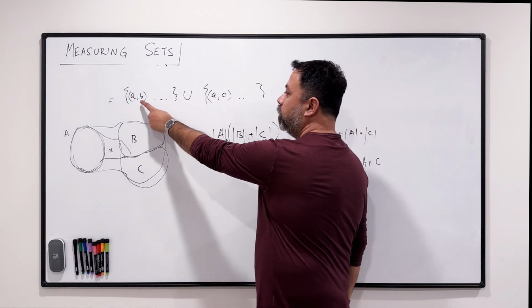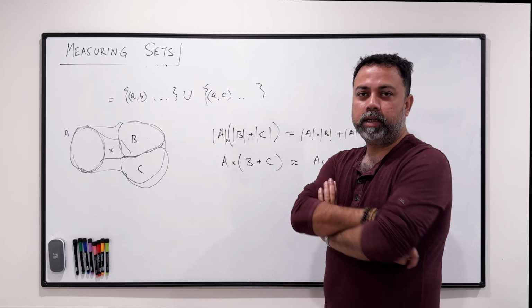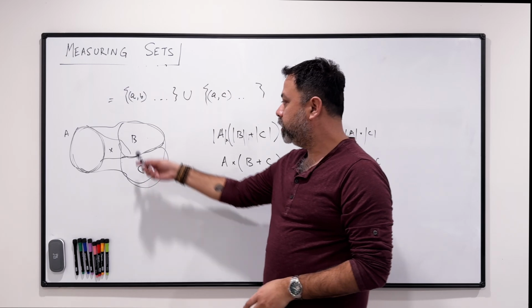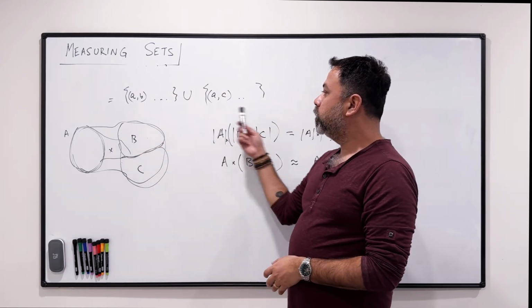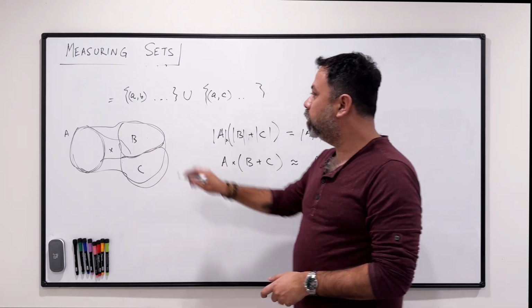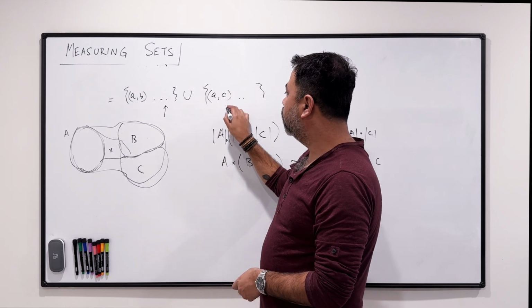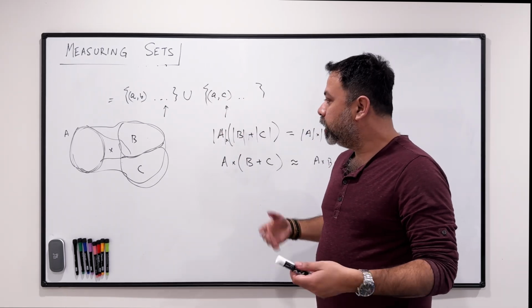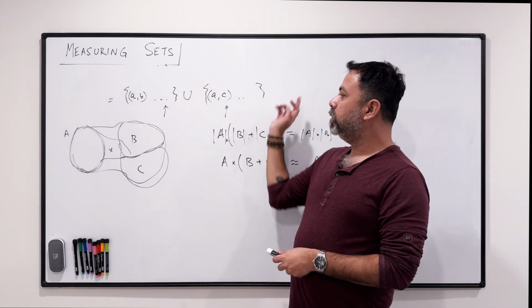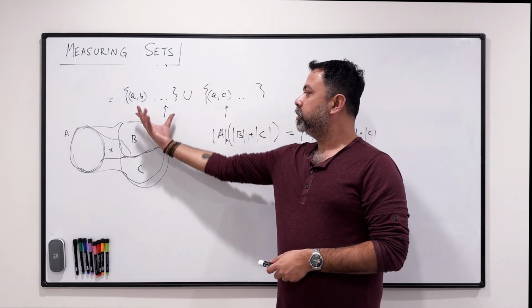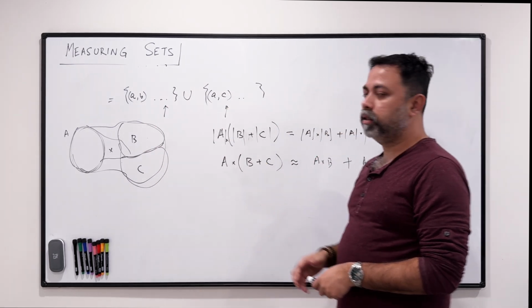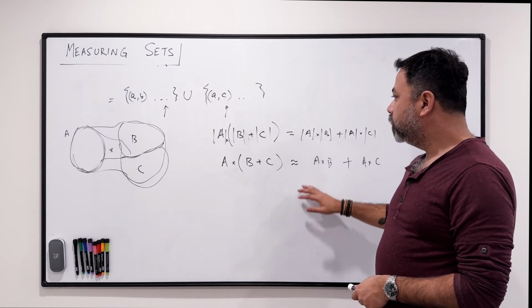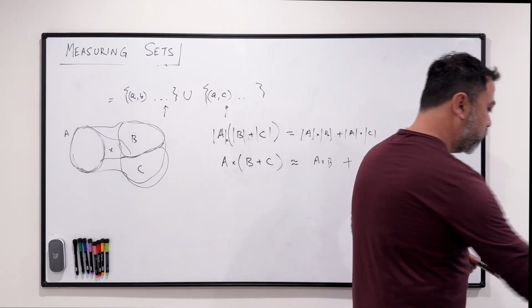But we already said that no B is equal to any other C, so these 2 sets are disjoint. If you want to color this in some way and color this in a different way, that's fine. But these 2 sets are disjoint, and therefore the total number of elements in this set will be just the number of elements in this set plus the number of elements in this set, right? So this equality also holds.